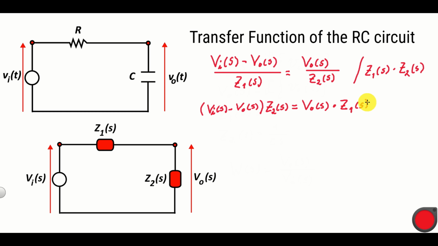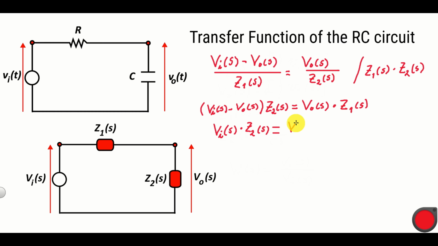Now we can group the terms. On the left, we can leave Vi of s, and on the right, we are going to move everything that depends on Vo of s. Consequently, on the left-hand side, we have Vi of s multiplying Z2 of s. And on the right-hand side, we have the following.